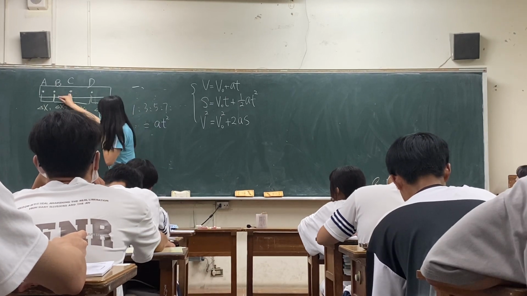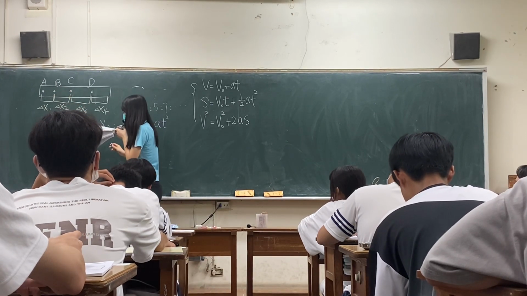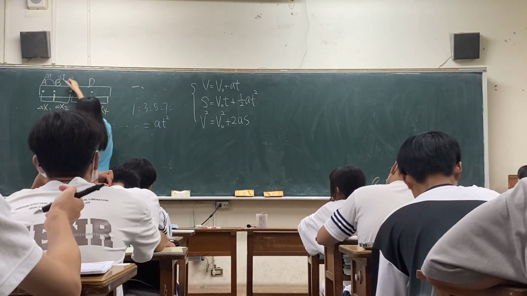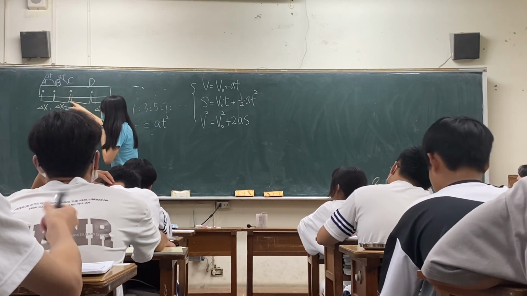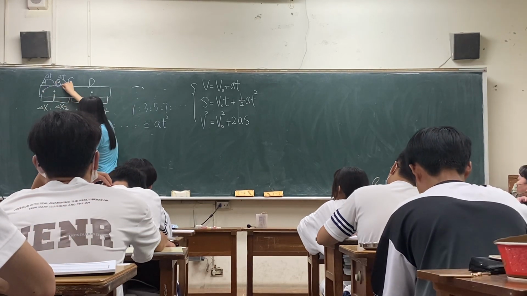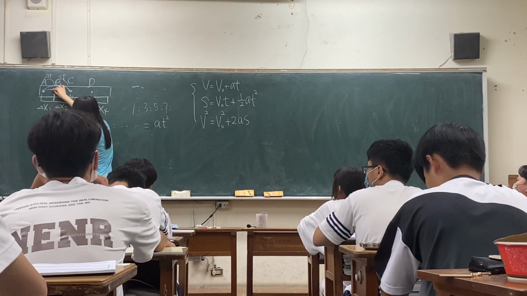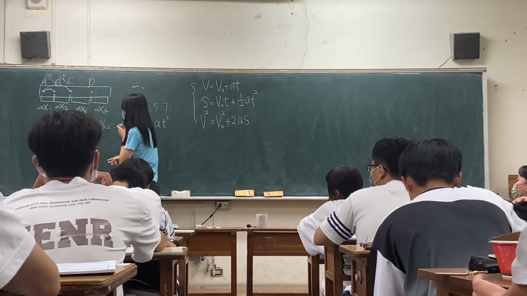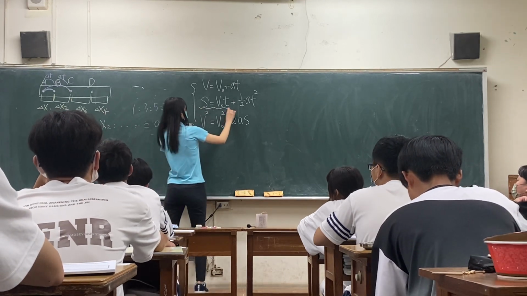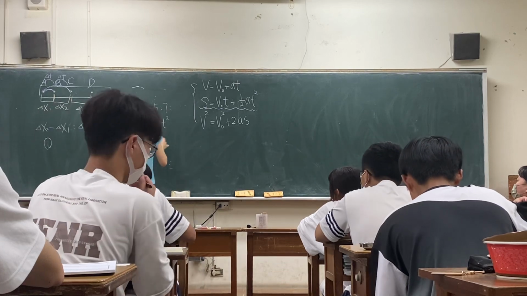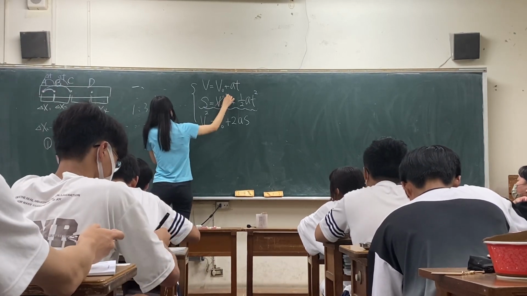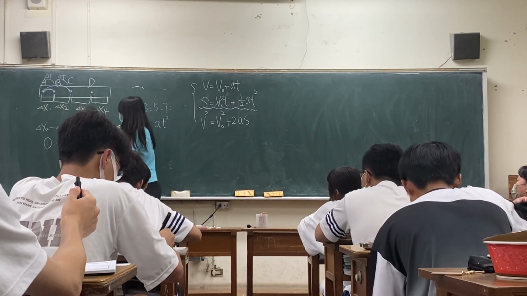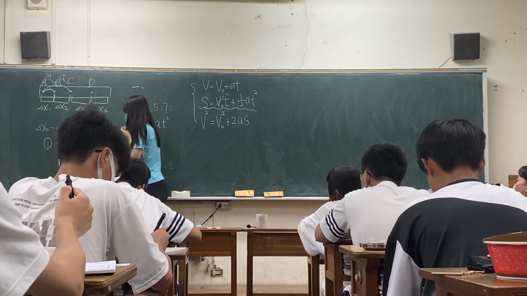Okay, so now let's prove this one. For delta x2 here, if we name it delta t. So for delta x2, it's the total displacement minus this total displacement. So that is called delta x2, right? So I will insert into the second formula. So V0 is 0, okay? So I will insert 1 over 2 A, T is 2 delta T, right?